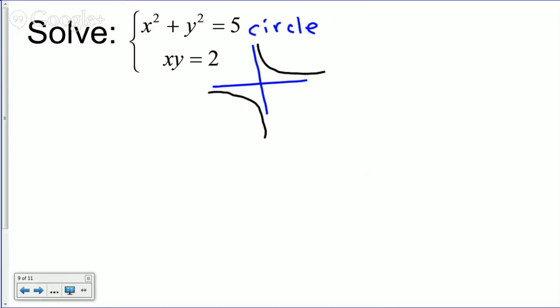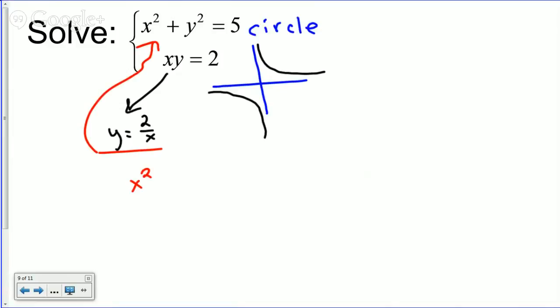Kind of like the hyperbola a little bit. Maybe turned or tilted. Okay, so again, I'll take this one and we'll solve it for a variable. So let's say y equals 2 over x. So then I'll take that and put it back into the first one.